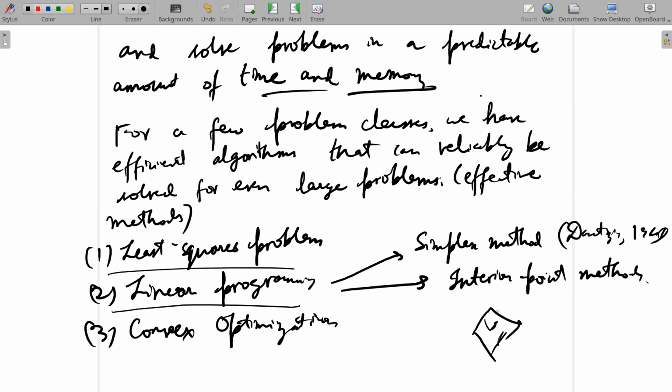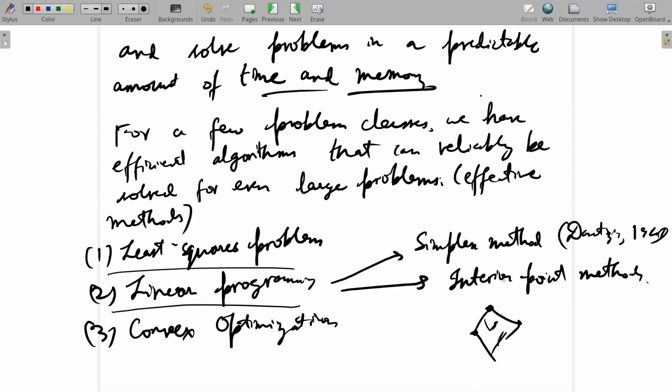Either it's a constant flat function throughout, or there must be some direction of increase unless it's on the boundary. So on the boundary, the simplex method is essentially an algorithm to find the best vertex. In fact, the best solution will be one of the vertices, or it could be multiple vertices. So it's a matter of finding which vertex gives you the optimal solution. It's all about the boundary.